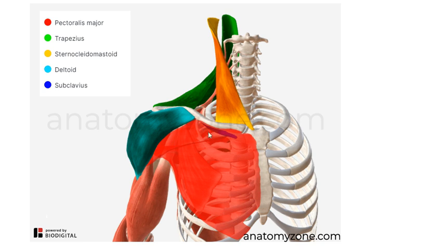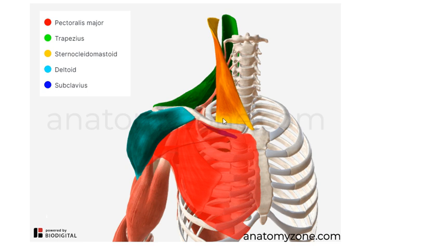This is the pectoralis major muscle shown in red. While on the lateral 1/3 runs the deltoid muscle. That's the deltoid muscle. So that is about the anterior, the front aspect of the clavicle.